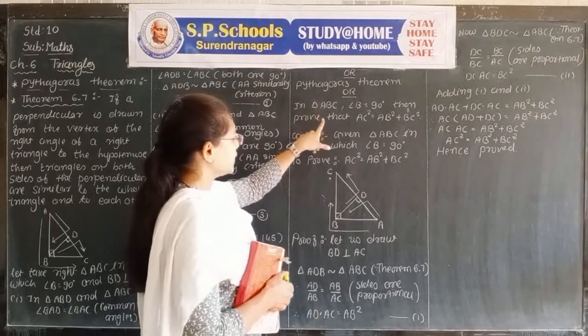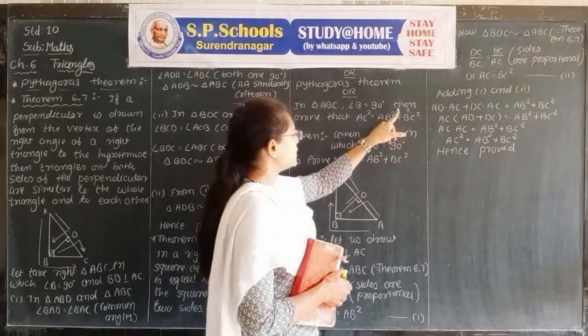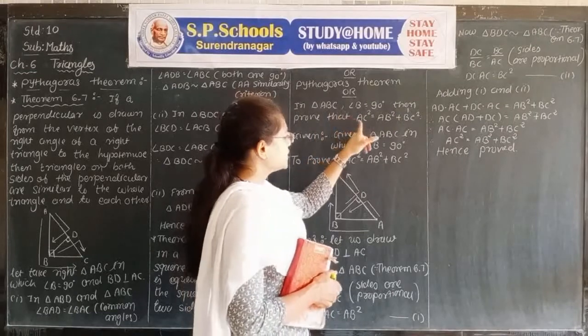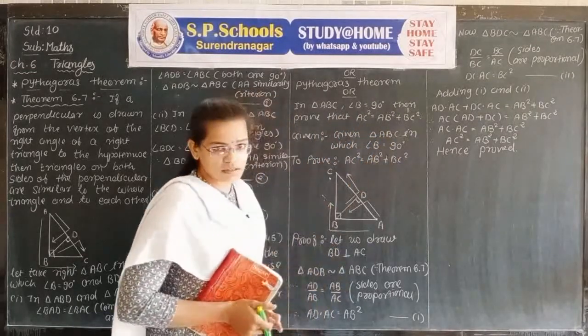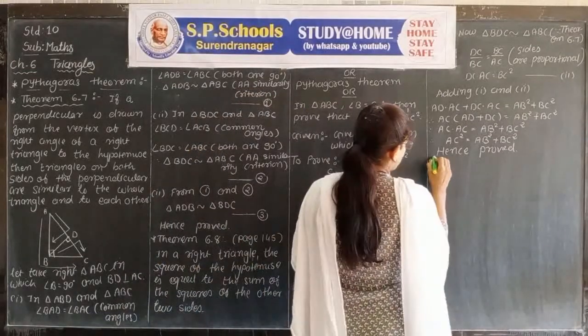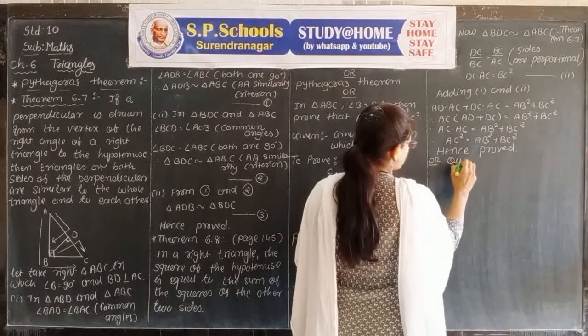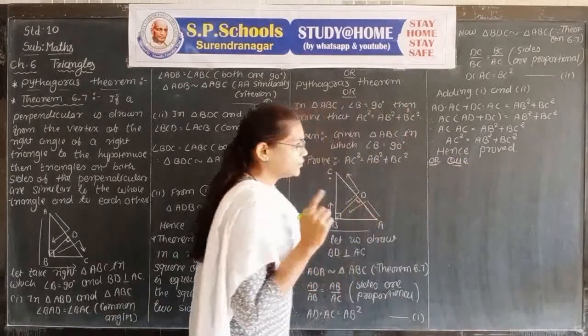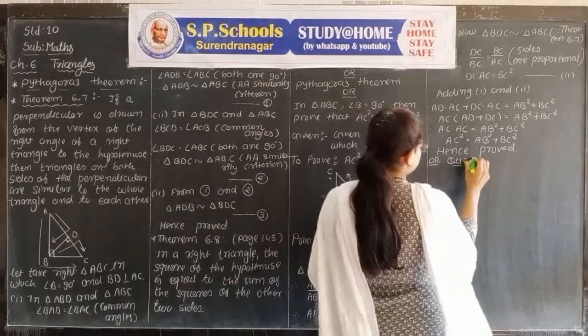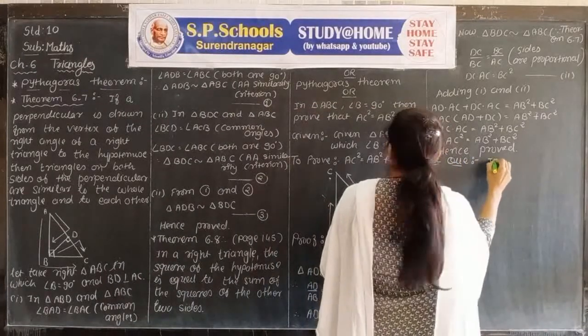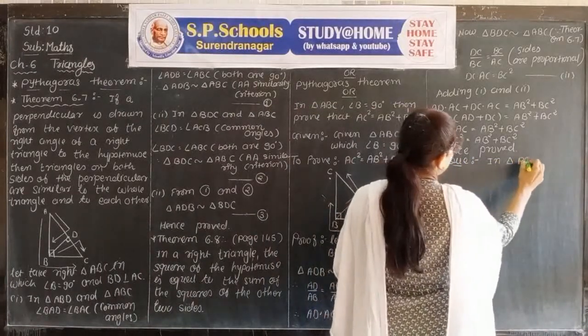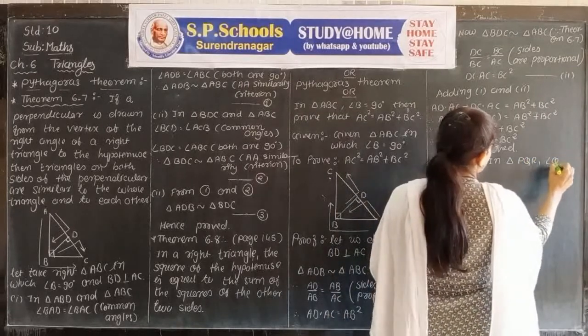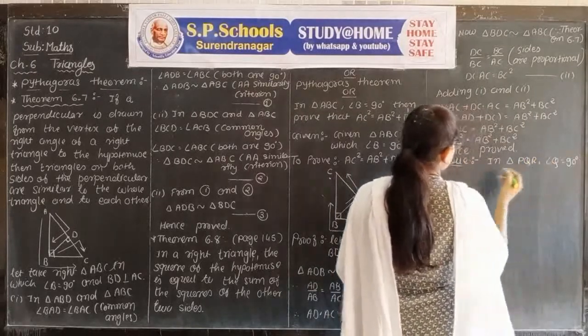In triangle ABC, angle B is 90 degrees. Then prove that AC square is equal to AB square plus BC square. Also, in examination, the question can be changed in the form of the name of the triangle. In triangle PQR, angle Q is equal to 90 degrees.